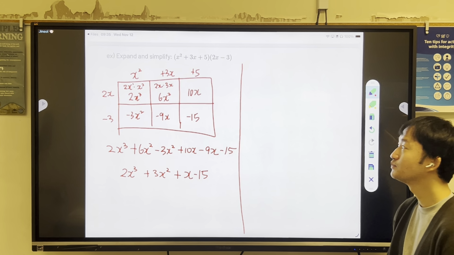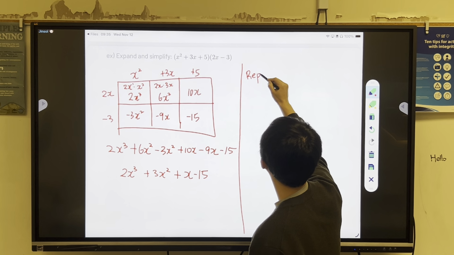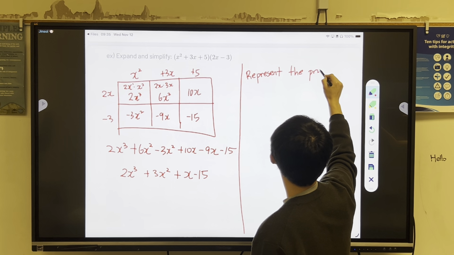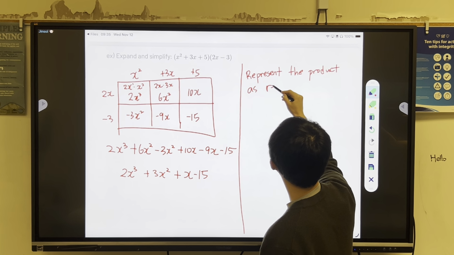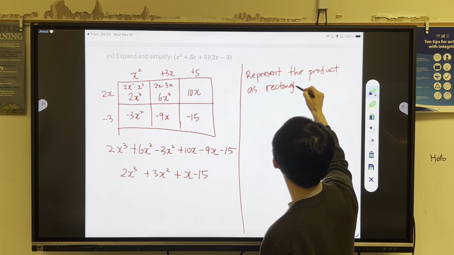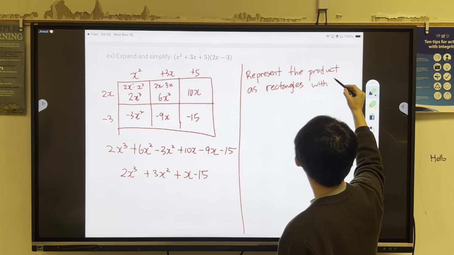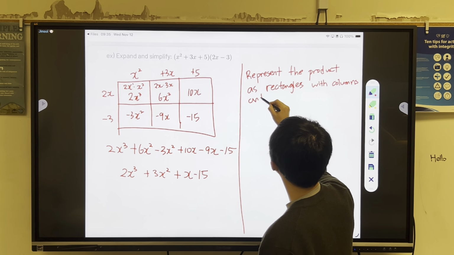Let's annotate our process. Represent the product as rectangles with columns and rows.